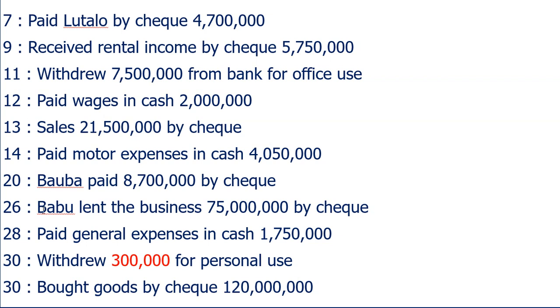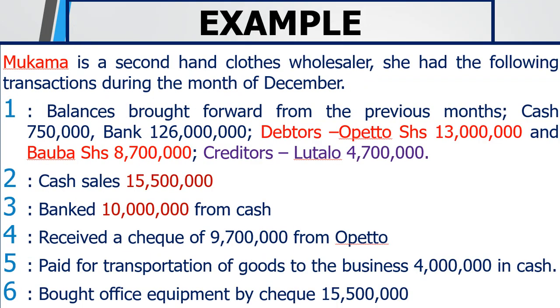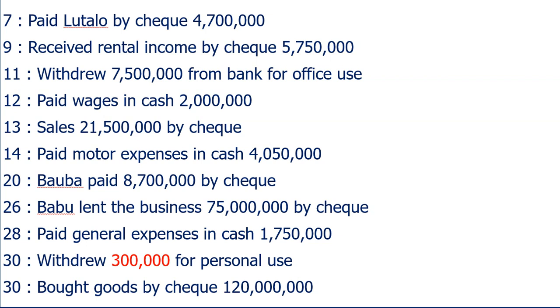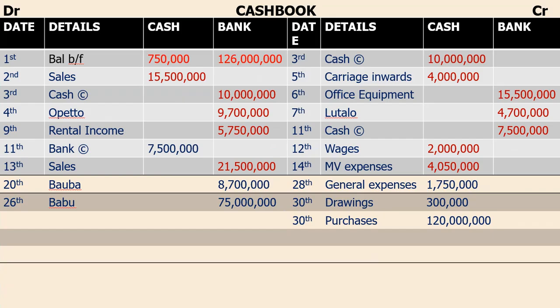Then on the 26th, Barbara rented the business, 75 million by check. Who gave us money, gave the company money, rent from rents. So the bank now is increasing.